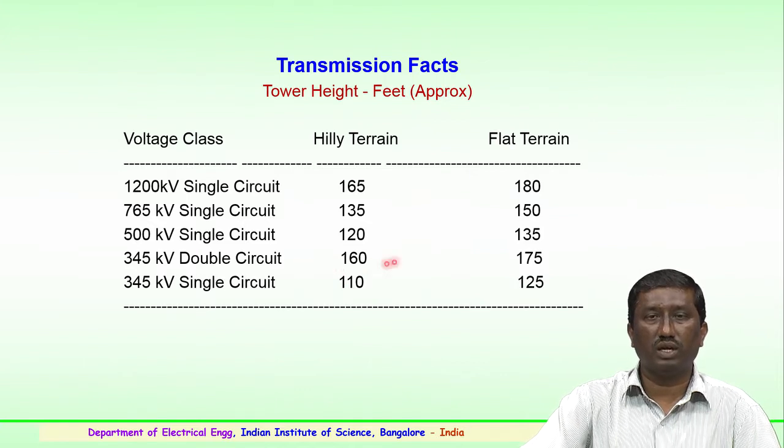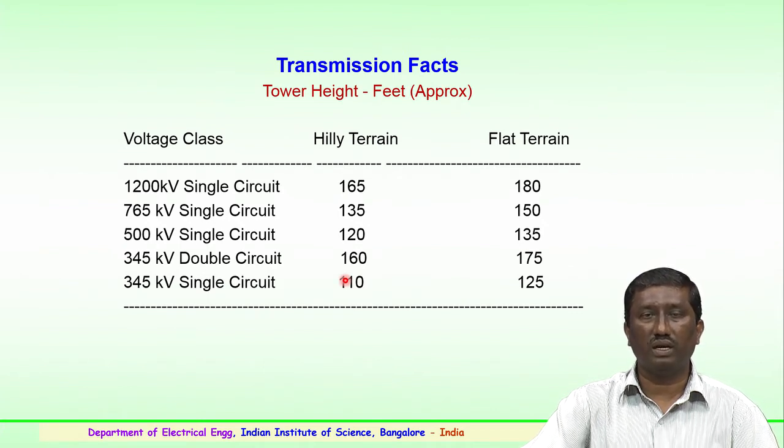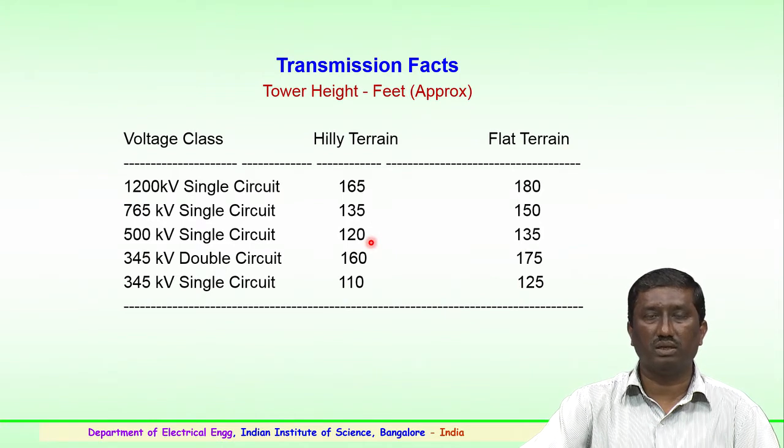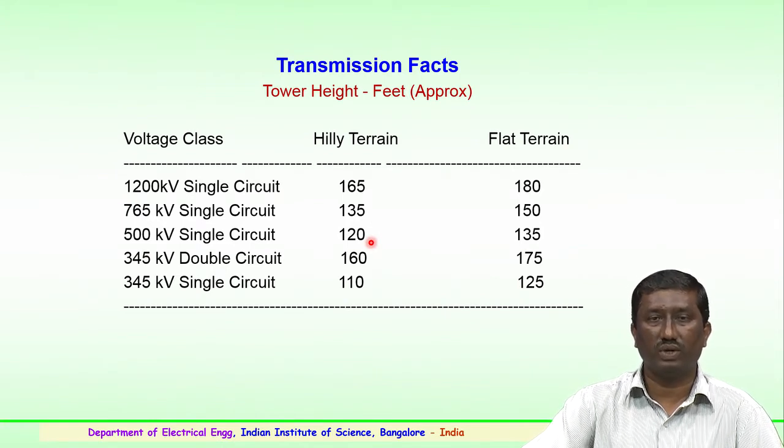Similarly, for a double circuit the clearance is 175 feet, and 160 in the case of hilly terrain, and for 500 kV single circuit lines it is 135 in the case of flat and 120 feet, around 40 meters from the ground, in the case of hilly terrain.